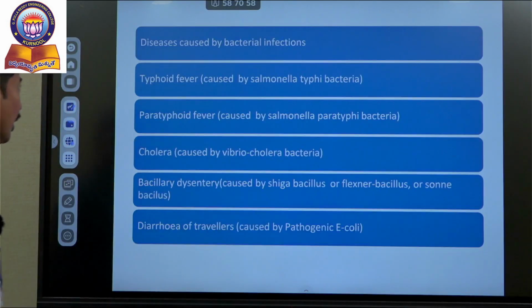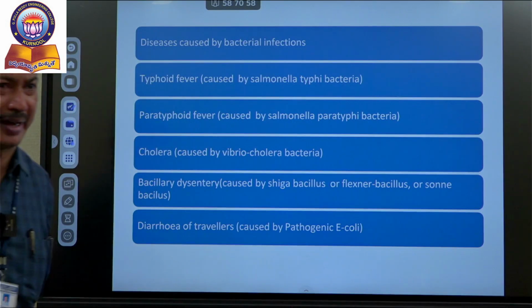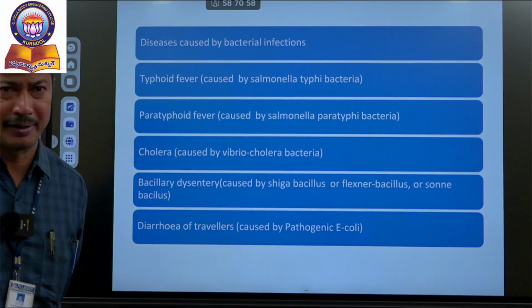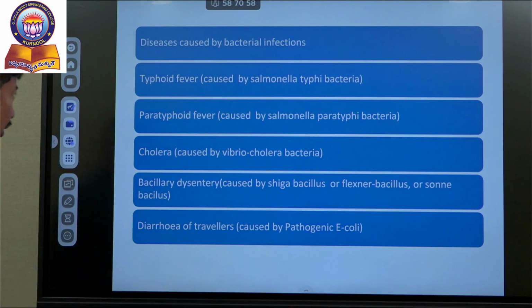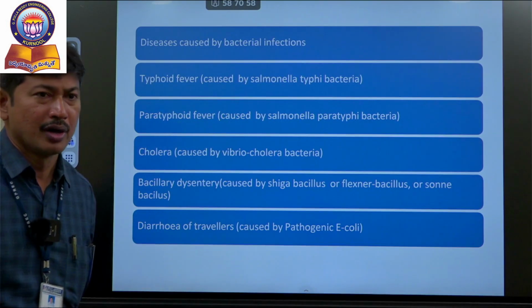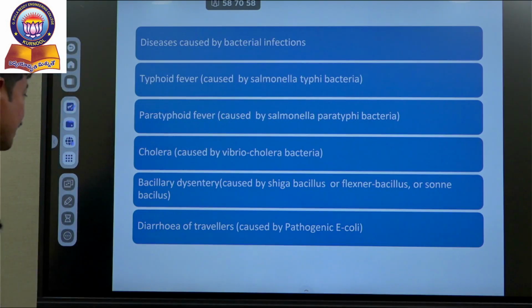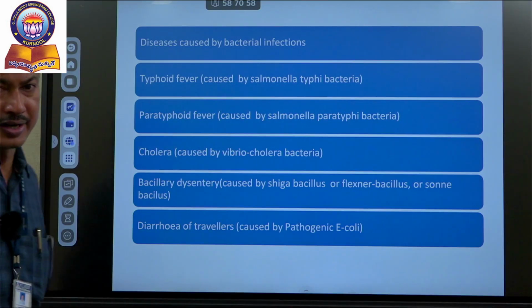Diseases caused by bacteria: in case bacteria are present in water, especially E. coli and paratyphoid. These bacteria mainly cause typhoid, first one, paratyphoid, cholera, bacillary dysentery, and diarrhea of travelers.